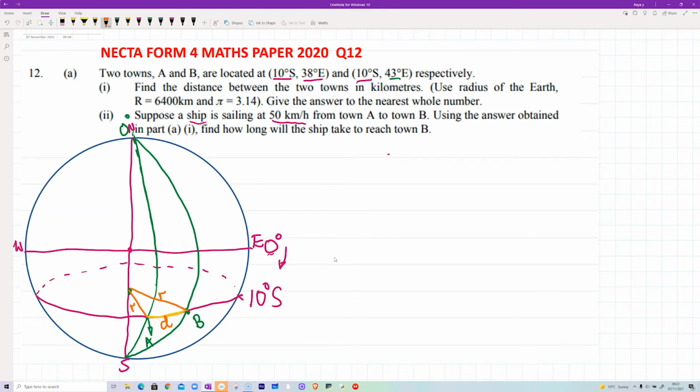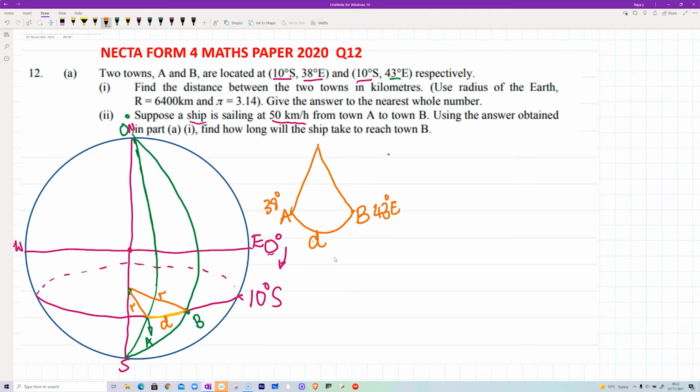So I'm just going to take that sector over here. This is what we have. We have town A here, we have town B here. A is at what angle? 38 degrees east, and town B is at 43 degrees east.